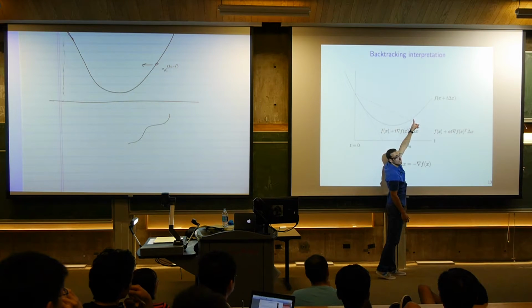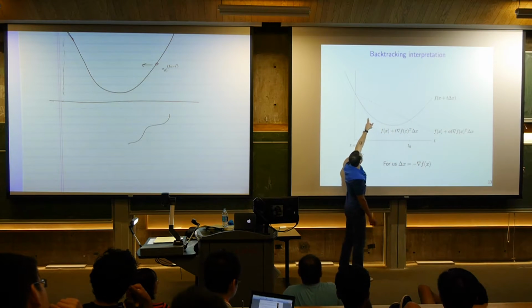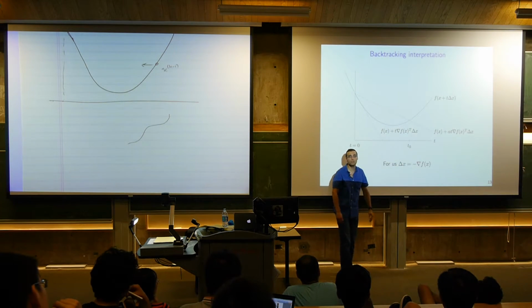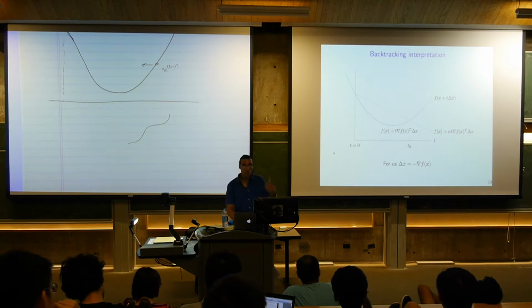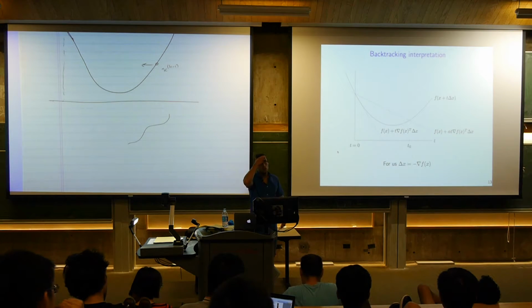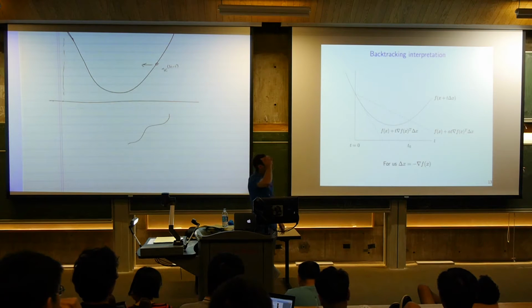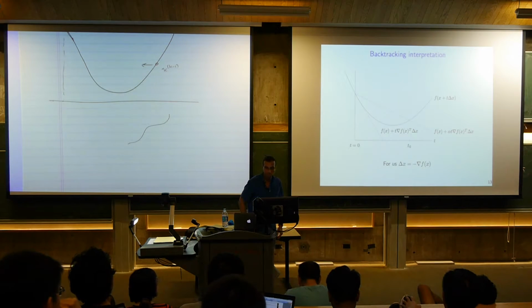I still have my function lying above the linear approximation. And I multiply by 0.1, I end up out here. So it's definitely met, but I just have a way too small step size as a result. So we could overshoot where we want to end up with backtracking, and basically end up considering too small of a step size by the time that we exit.